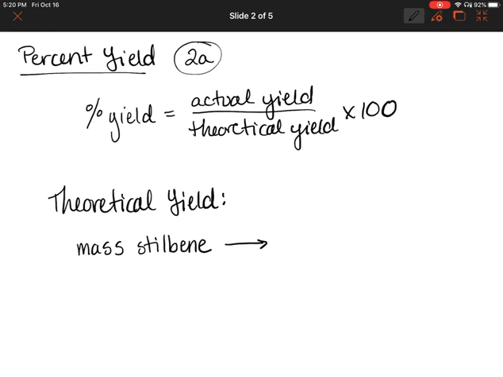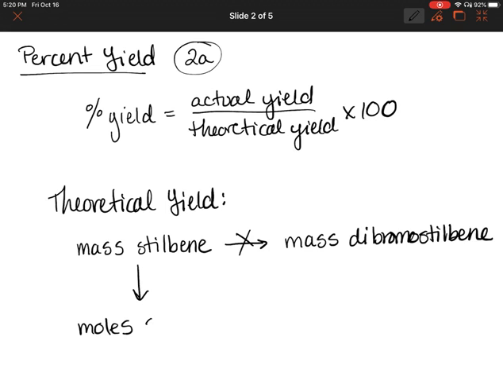And we do need to convert that to the expected mass of our product, dibromostilbene. So we're going to determine theoretically how much product will form if everything goes 100% correctly, which in chemistry doesn't always happen. In fact, it very rarely happens. Now, unfortunately, we cannot directly convert the mass of the reactant to the mass of the product. We have to go through moles first.